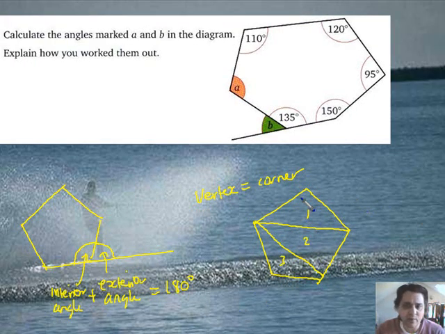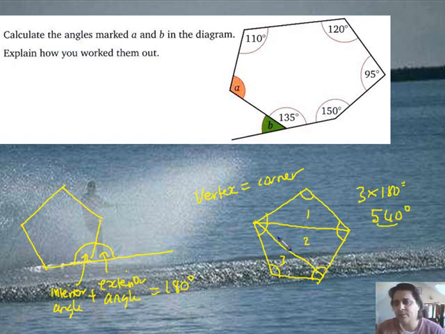Now, each triangle has a sum of angles, adding up to 180 degrees, so therefore if I take up these 3 triangles I could work out the sum of the interior angles of a regular pentagon. So basically 3 times 180 degrees, 540 degrees.